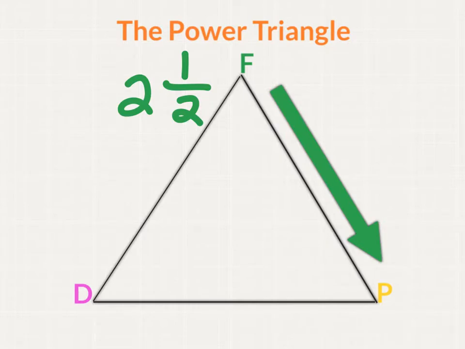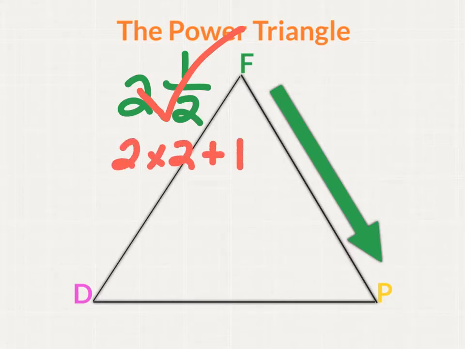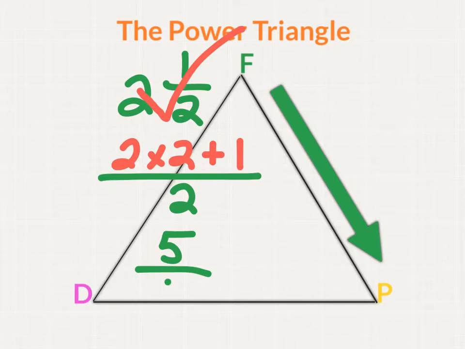I can use what's called the check method, multiplying the whole number times the denominator and adding the numerator, so that 2 times 2 plus 1 becomes my new numerator written over my denominator of 2. 2 times 2 is 4, plus 1 is 5. So that the mixed number 2 and 1/2 is equivalent, or the same value as, the improper fraction of 5 over 2, or 5/2.